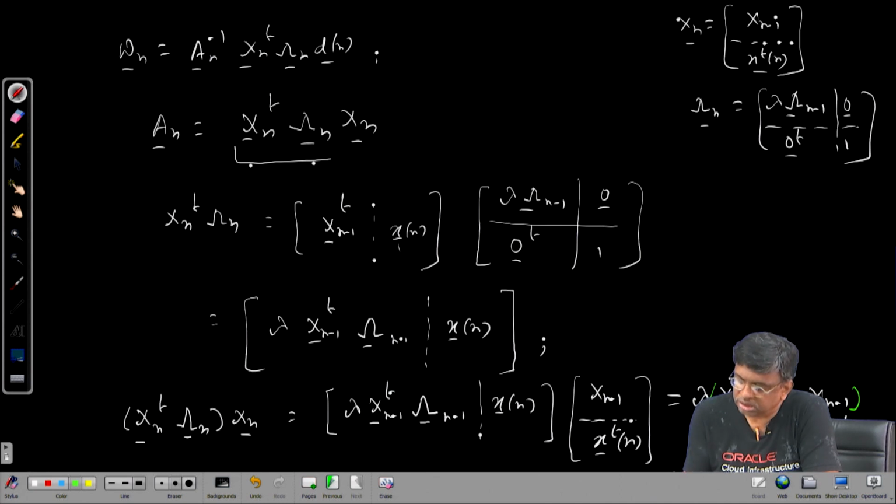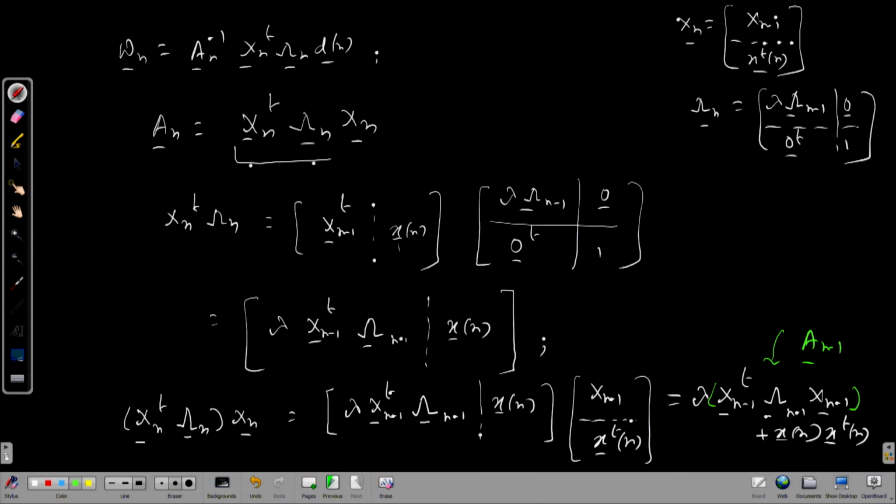By definition, this entire thing is A n minus 1, A n when x n transpose lambda n x n, A n minus 1 x n minus 1 transpose lambda n minus 1 x n minus 1. So, it is actually lambda times A n minus 1 plus this extra component.